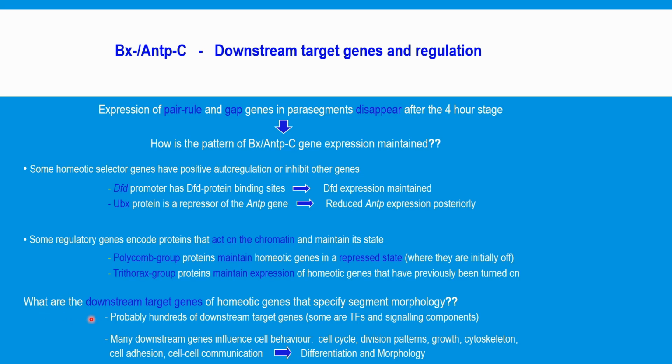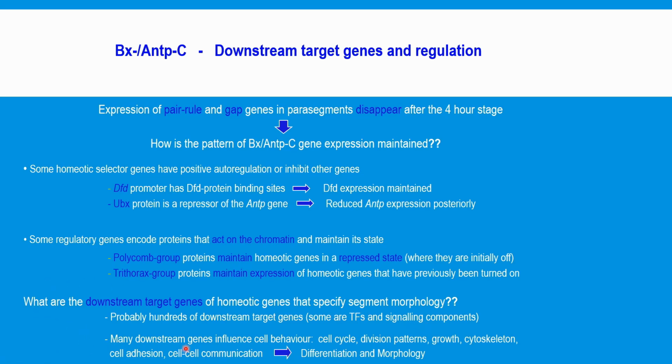And the short answer to that is there's probably hundreds of downstream target genes, some of which will be transcription factors and have several targets themselves, and many will be signaling components that perhaps are signaling from cell to cell. So it's very complex.